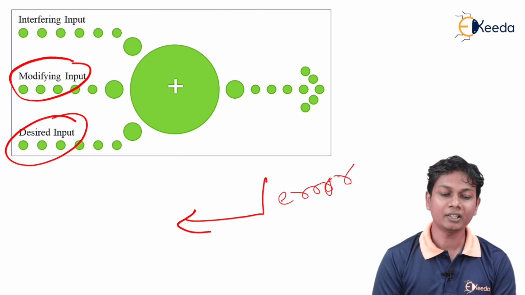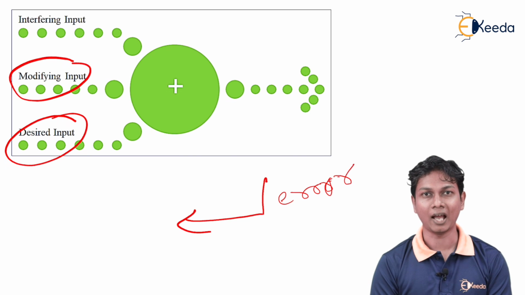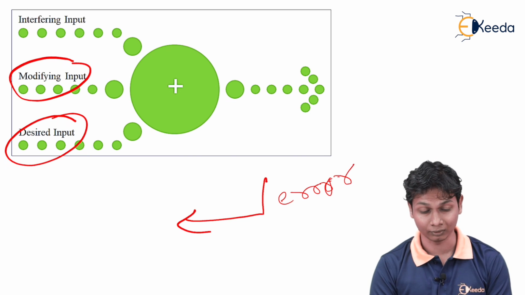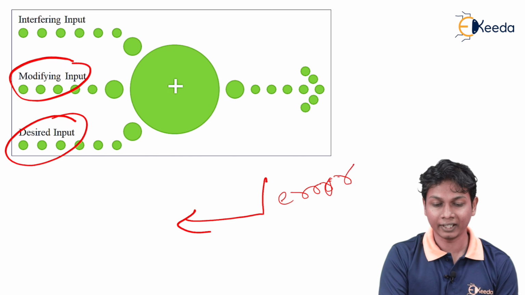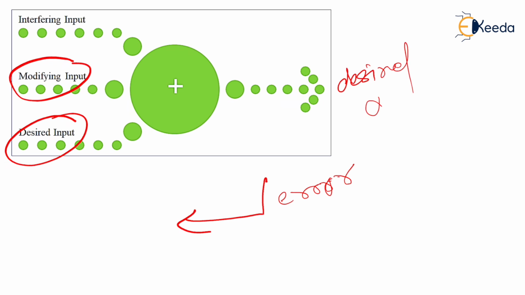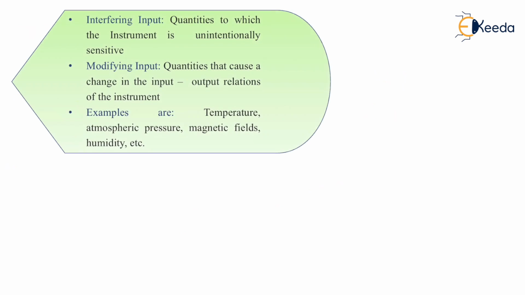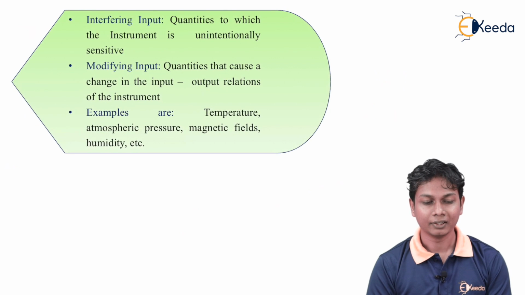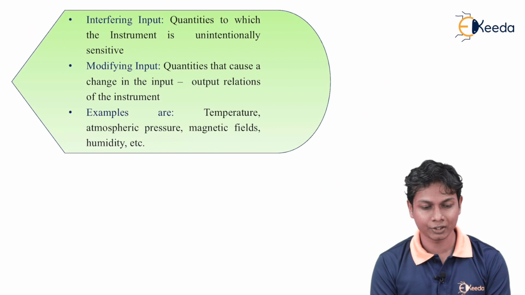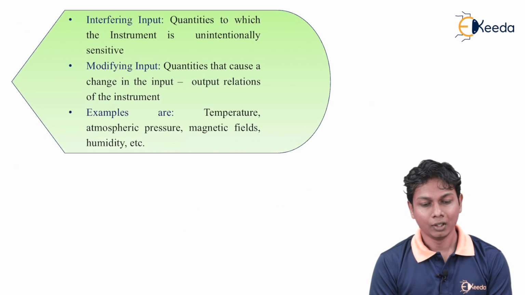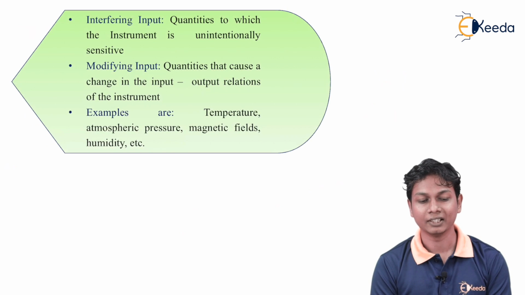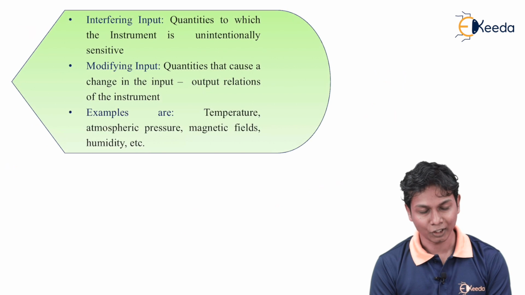The interfering input is the actual input coming from the physical phenomena, and here we get our desired output. Next is the interfering input, the quantity to which the instrument is unintentionally sensitive.